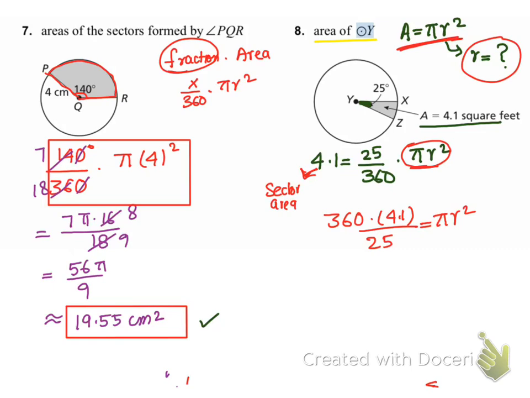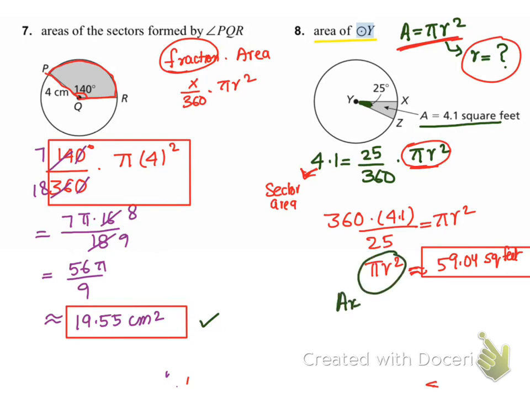And when I simplify the left hand side over there, the answer is roughly equal to 59.04 square feet. That's the area. I'm not calculating r; you can find r, then plug it back into pi r square. So why go for the longer way when you have a shorter way?